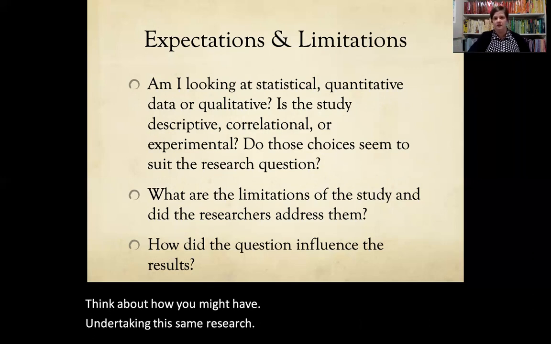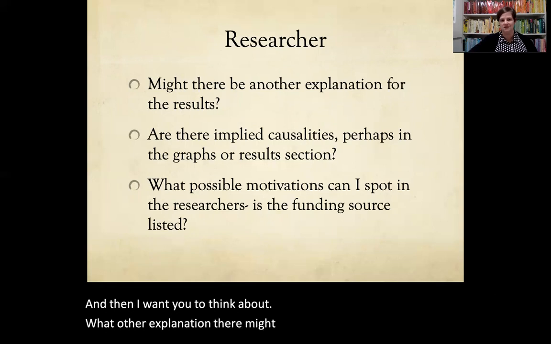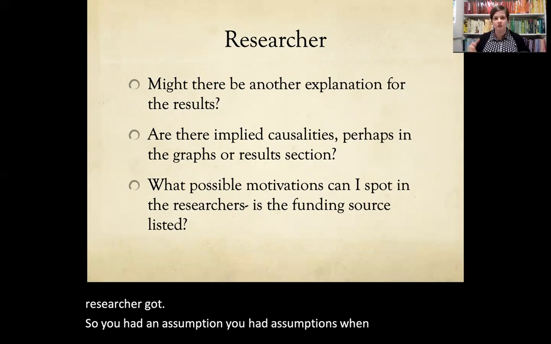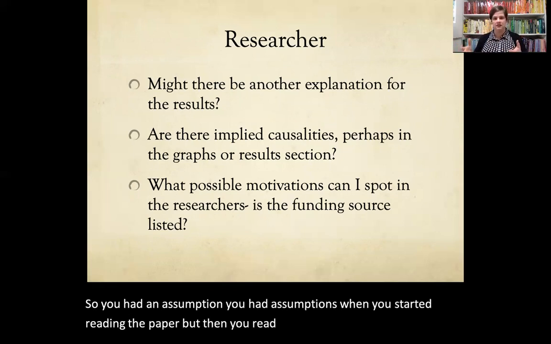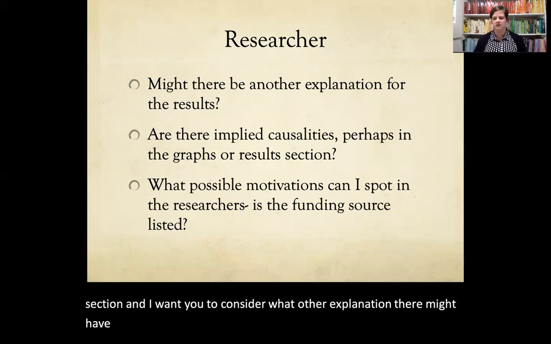And then I want you to think about what other explanation there might be for the results that the researcher got. So you had assumptions when you started reading the paper, but then you read the paper and you read the results section. And I want you to consider what other explanation there might have been. What else could have been going on?